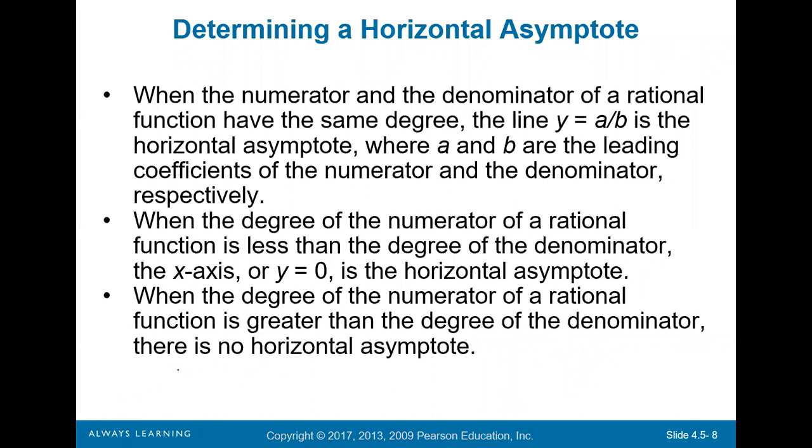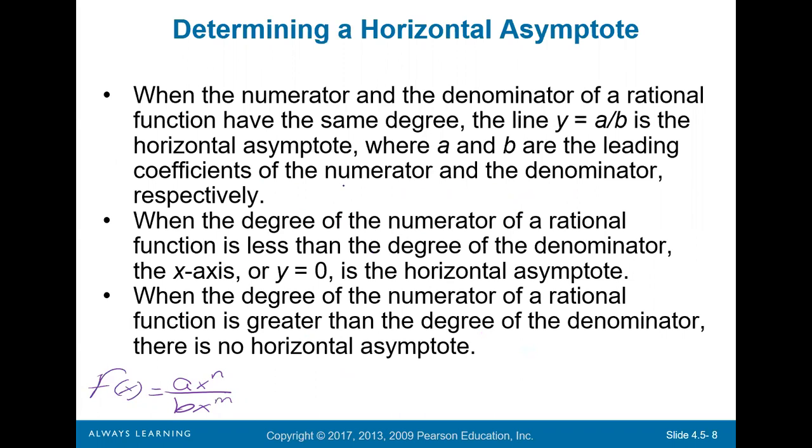To solve for the horizontal asymptote, we ask ourselves, and I'm going to do some notation. Say I have f of x is equal to a times x to the n power over b times x to the m power. I'm just going to change it up a little bit. Let's just say this first one says when the numerator and the denominator have the same power.